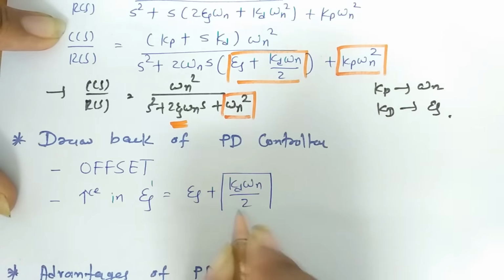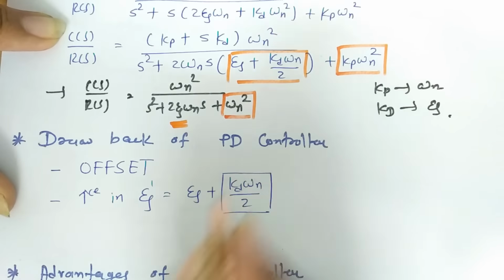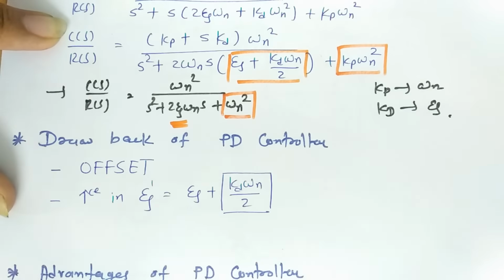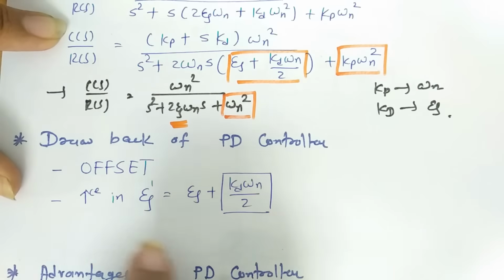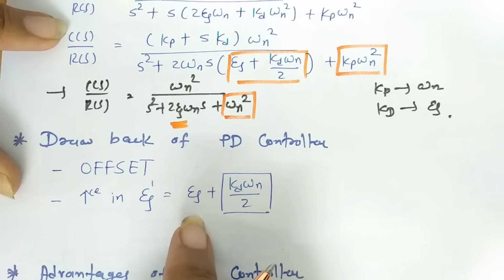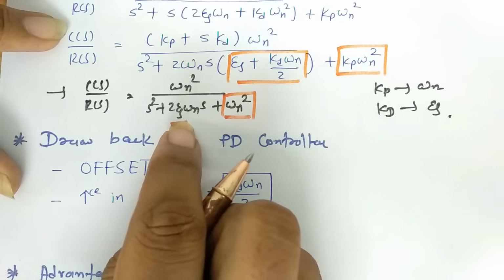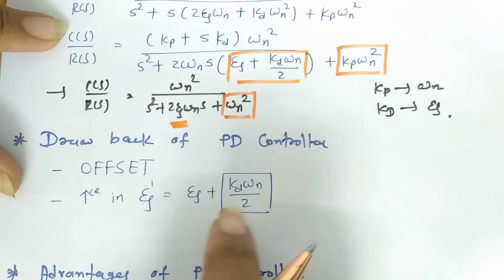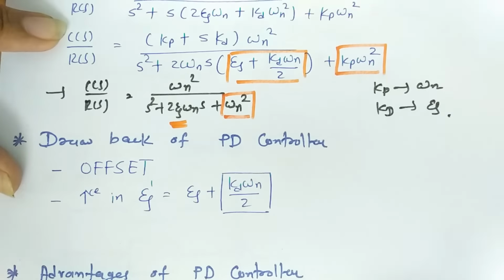This is the portion which is getting increased because of the additional differential controller. So these two are the drawbacks of the proportional derivative controller: one is offset, and second is increased damping factor. Previously it was zeta only, now it will be zeta plus Kd omega n by 2.